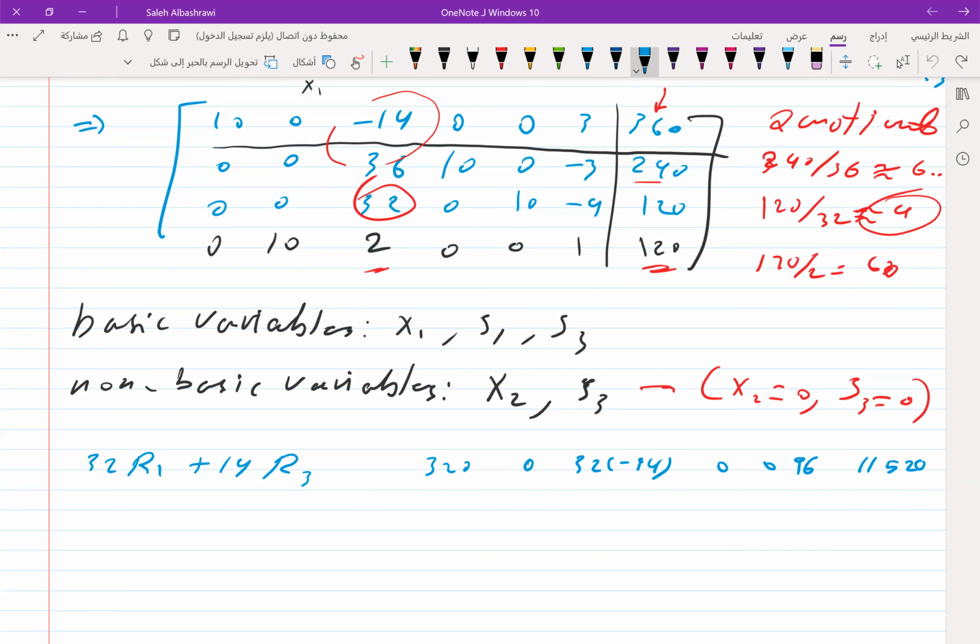This is 32 times 360. And 14 times the second one, which is 0, 0. This will be 32 multiplied by 14. Then I have 140, 0, and minus 42. And 1,618.